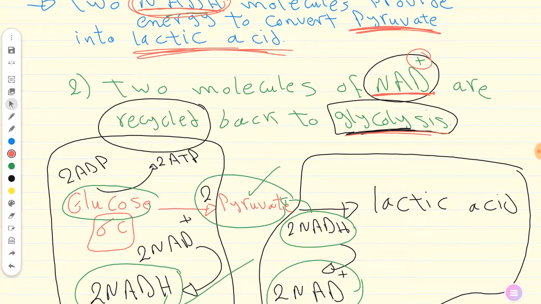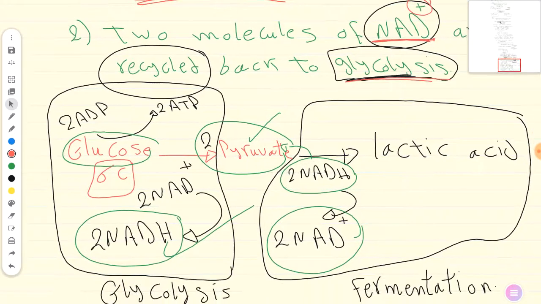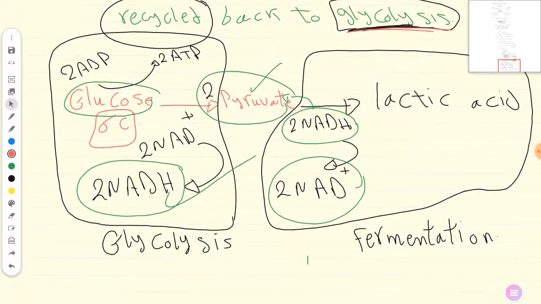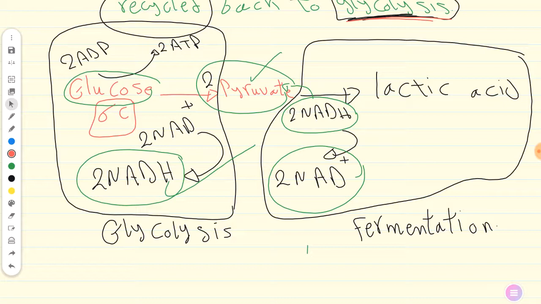If you want a simple summary of glycolysis and fermentation, we can show it like this. Glycolysis starts by splitting glucose, which has 6 carbon atoms, and we use 2 molecules of ADP and 2 P for the production of 2 ATP.